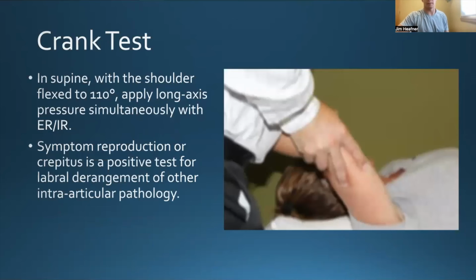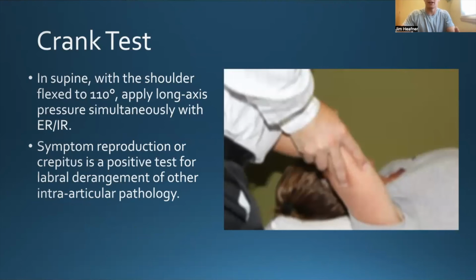We talked about the testing that is carryover testing between the bicep tendon and the labrum. The 2 other tests that I mentioned were the crank test and the clunk test. With these tests, again, they don't have the best diagnostic accuracy. So I want you to read over how to do these tests, because they're important to look at as a clustering to see if someone has pathology in their labrum.